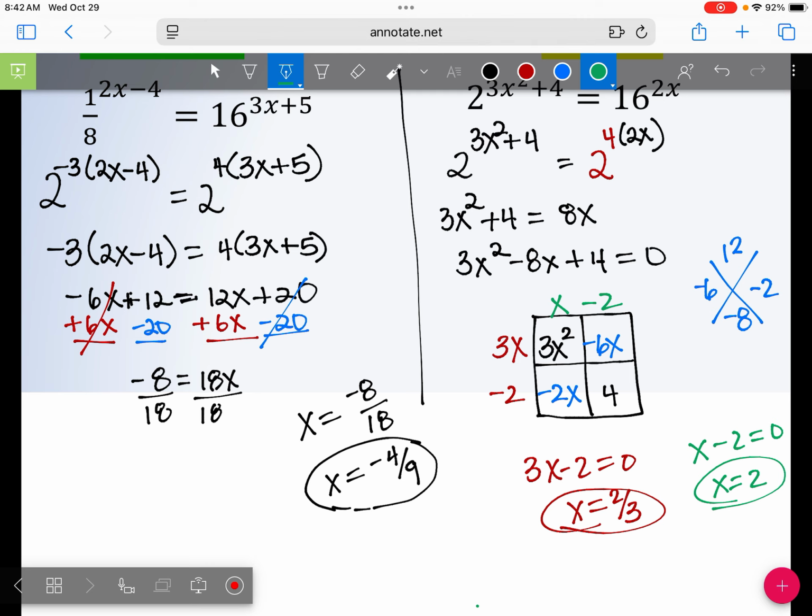Oh, I see. So 3 times negative 2 would be a negative 6. So that's what happened. I'm sorry, negative 3 times positive 2 is a negative 6.